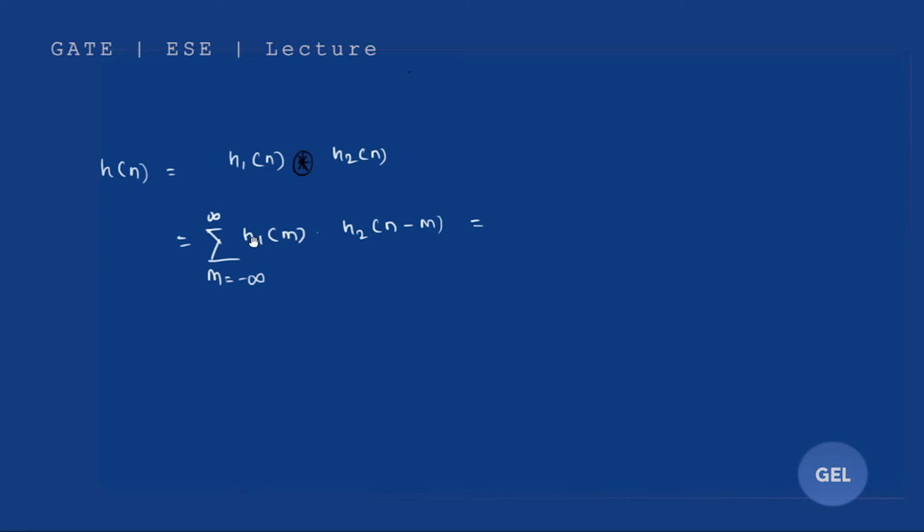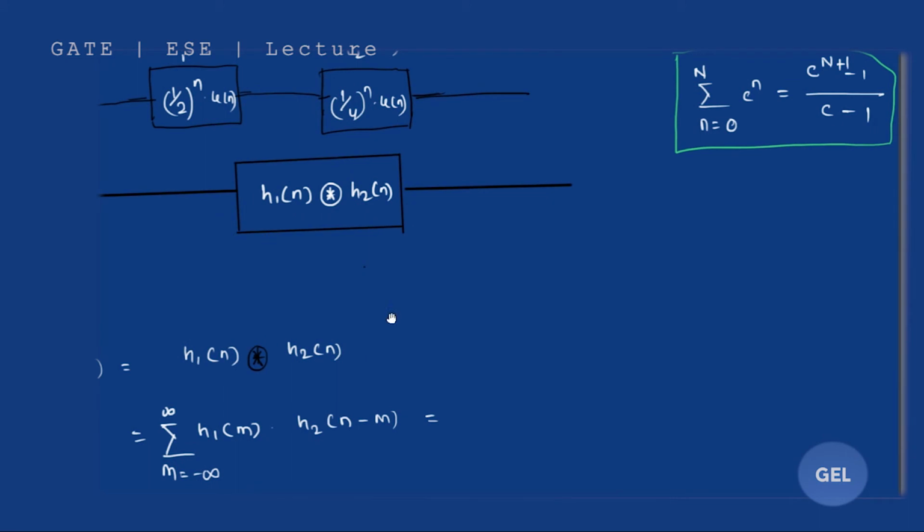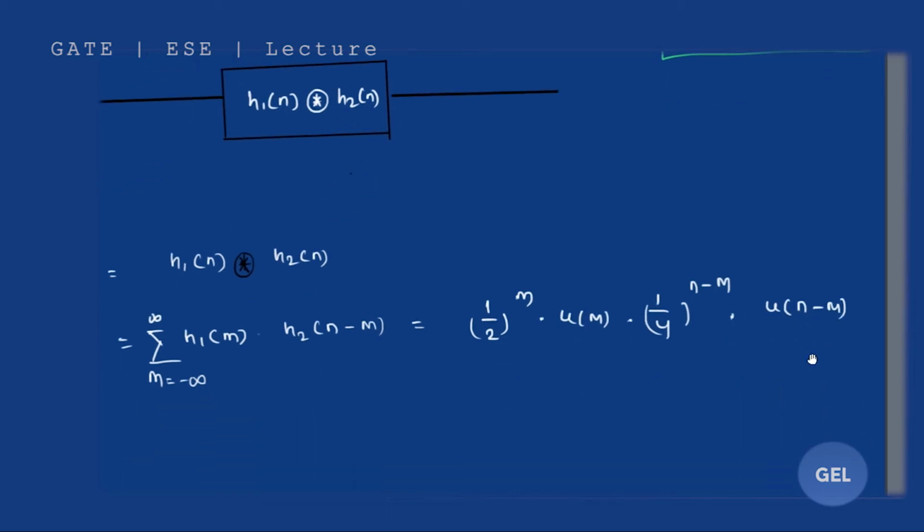Look here carefully. My h1[m] is nothing but (1/2) to the power n, where n is replaced by m, into u[m], times h2[n minus m], that is (1/4) to the power n minus m into u[n minus m], with the summation from m equals minus infinity to infinity.